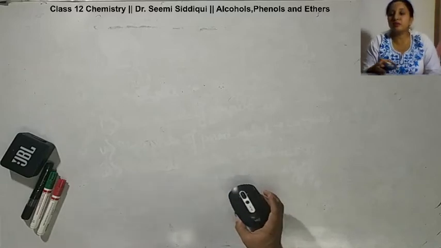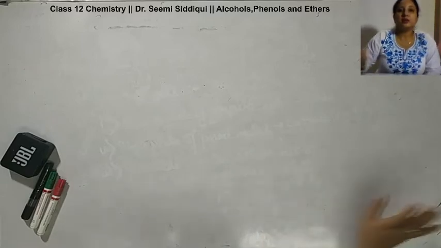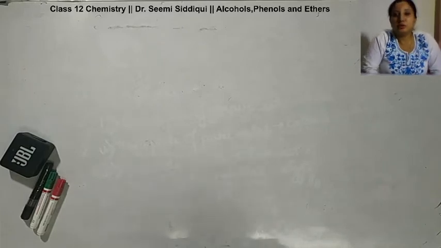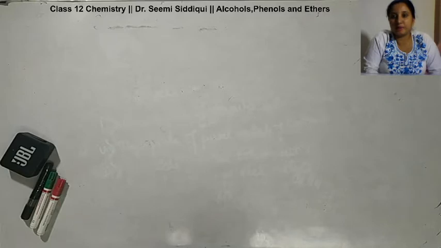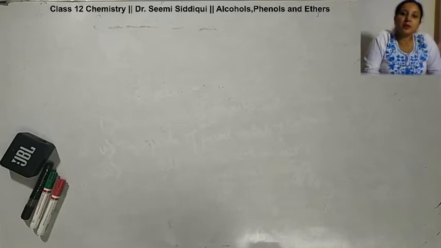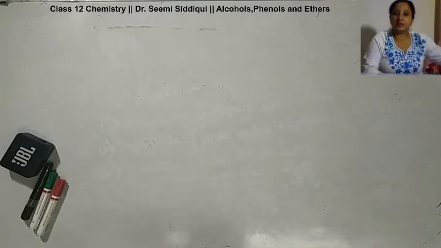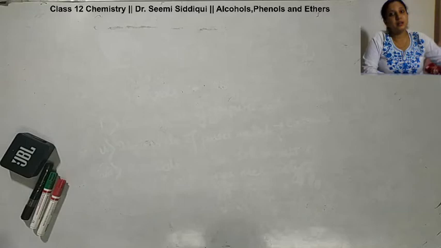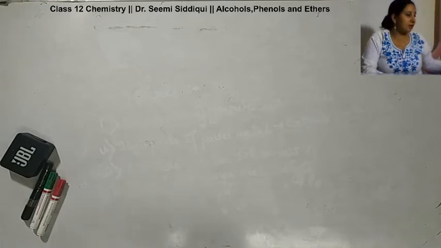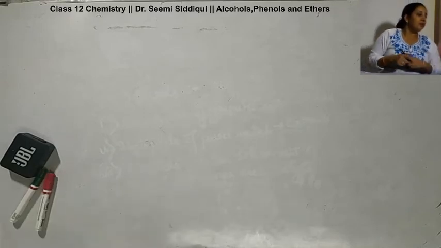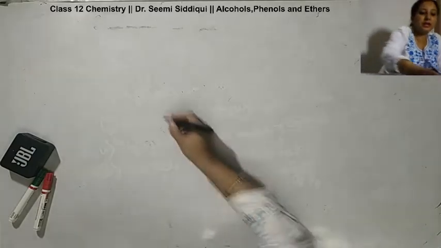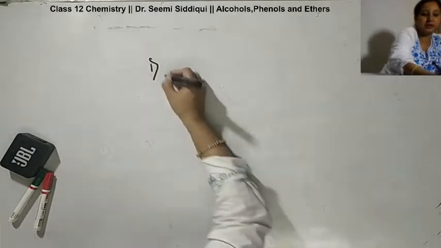Good morning, students. So today we are going to do the remaining part of the alcohols, phenols and ethers unit. In yesterday's class, we were discussing the chemical properties of ether, including the electrophilic substitution reaction.